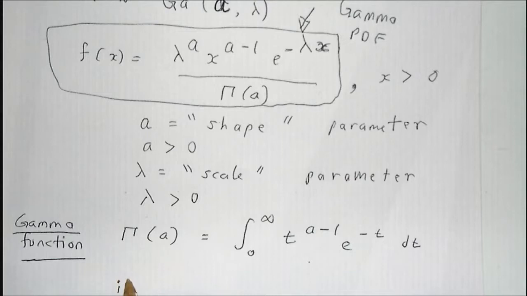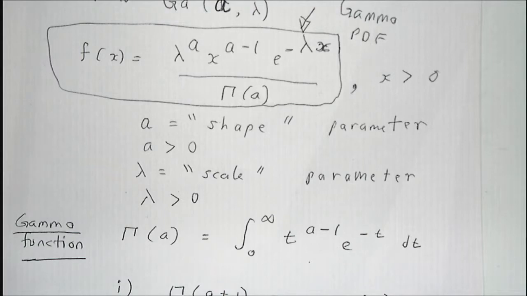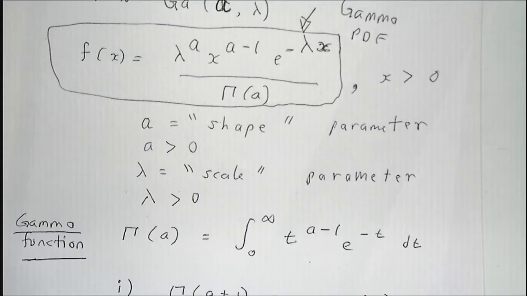The first property is that gamma at a plus 1 is a times gamma of a. That's a well-known property. Gamma at n is n minus 1 factorial, if n is, sorry.